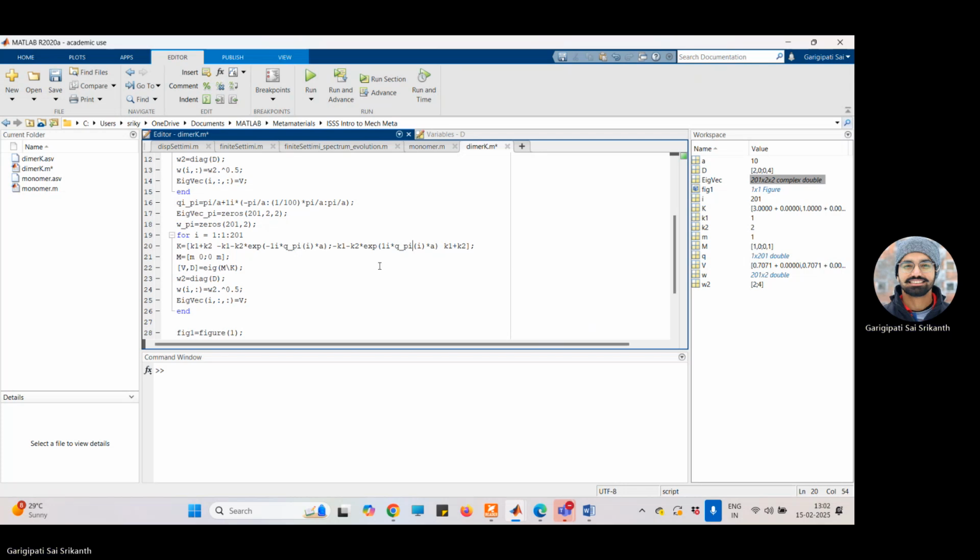So k, let's say, is an underscore pi. I think it should work, but we haven't plotted it yet.